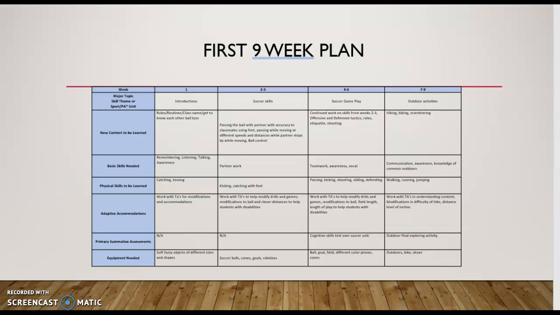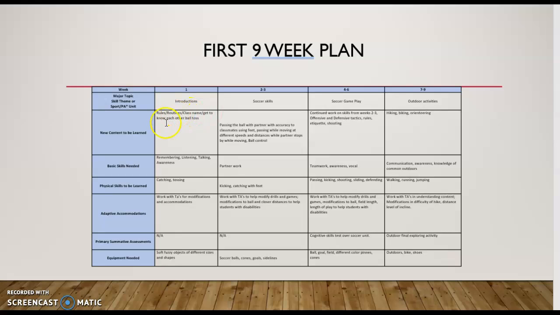For the first 9 weeks lesson plan, the first week we'd pretty much be focused on introductions. The second week is soccer skills and soccer gameplay. And the last part of the 9 weeks, weeks 7 through 9, would be outdoor activities.